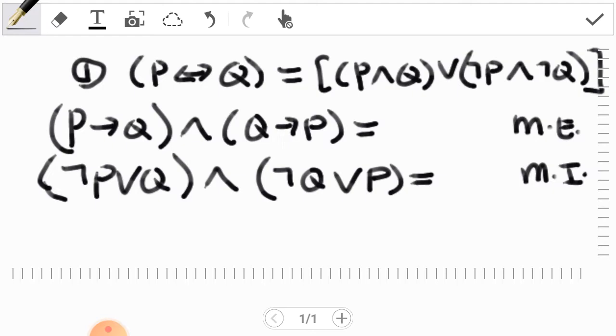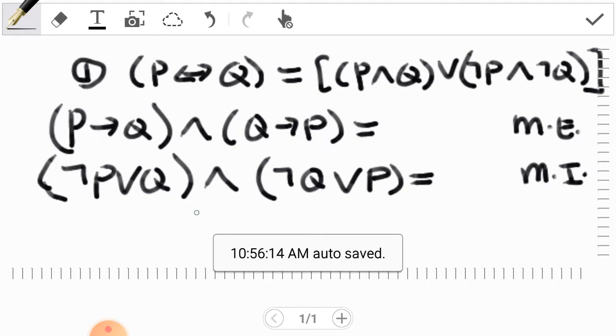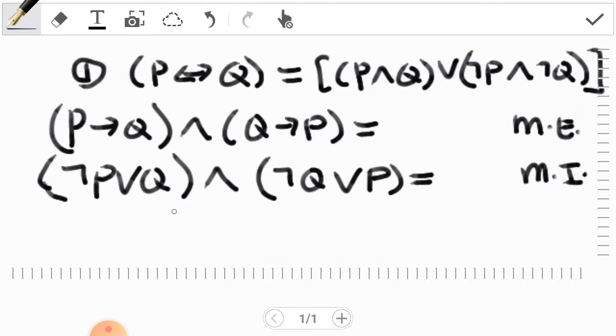But if you will look at the left side, not P is with Q and not Q is with P. So it means we must find a way to put together P and Q, not P and not Q. And how can we do that? Look at this. We have here the disjunction. We have here a conjunction. We have here a disjunction.